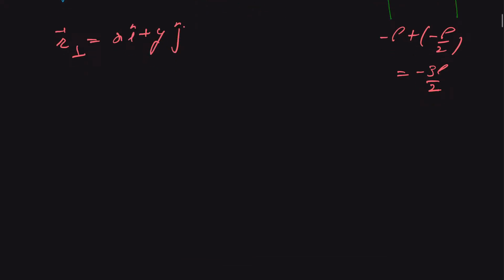Therefore we can write that the electric field because of the cylinder will be equal to rho by 2 epsilon naught times (xi plus yj). So this is the electric field, and that is our standard formula.